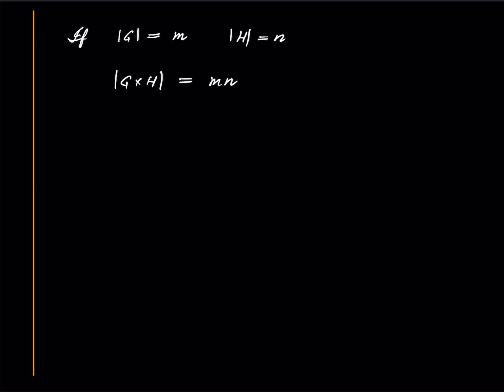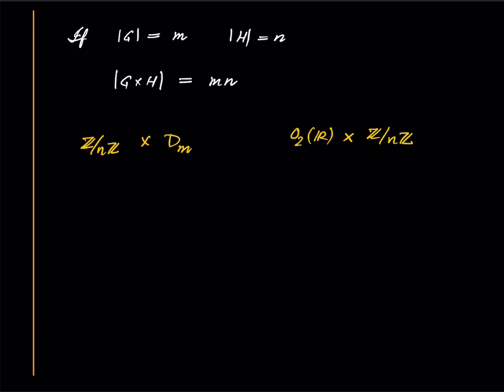But the point is that if we have two groups, one of size M and another of size N, then we have a way of constructing a group of the product of the sizes. So this is one way to put two groups together and create new groups. For instance, we have seen groups like Z mod NZ, and we have seen dihedral groups, so we can consider groups like these. We can just pick two groups and cross them, and that's another group.